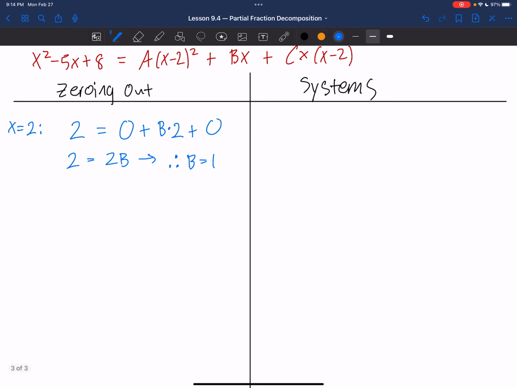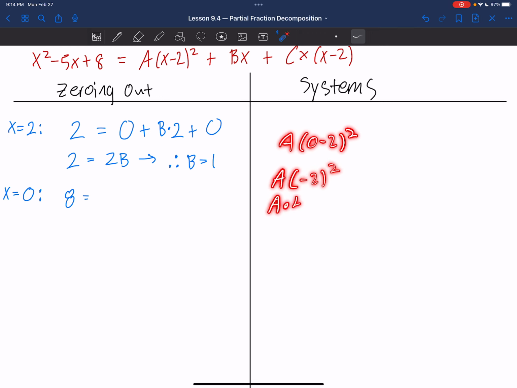Now let's plug in another choice. Another smart choice would be x equals 0. And again, if you put 0 squared minus 5 times 0, that's nothing plus 8. So that's 8 equals a times 0 minus 2 squared. That's a times negative 2 squared, that's a times 4, so that is 4a.